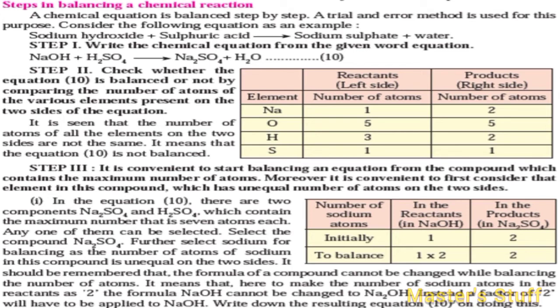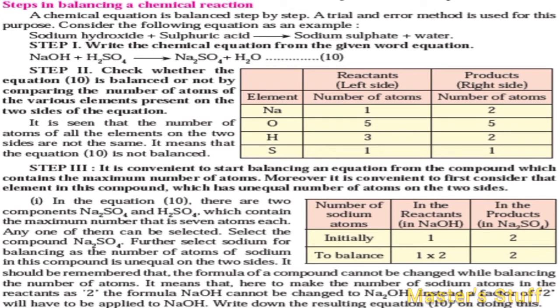So now step 3. It is convenient to start balancing an equation from the compound which contains the maximum number of atoms. Moreover, it is convenient to first consider the element in this compound which has an unequal number of atoms on the two sides.